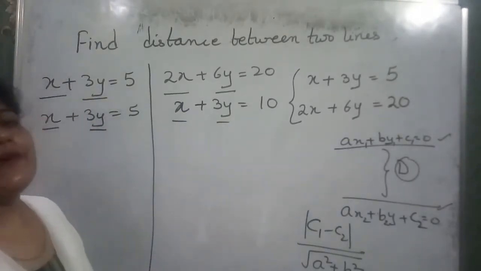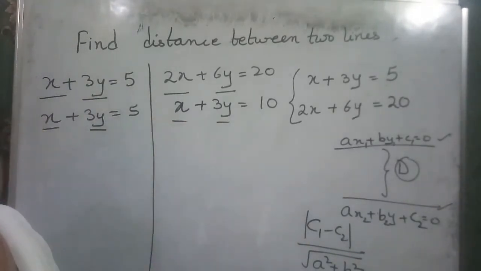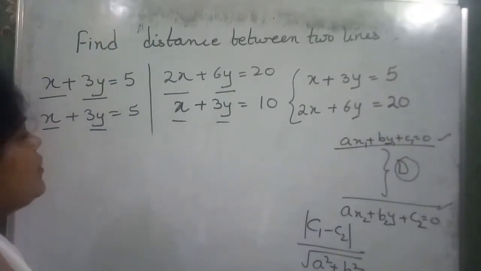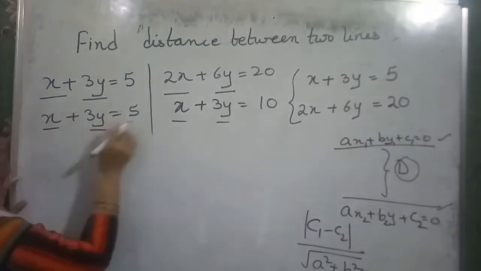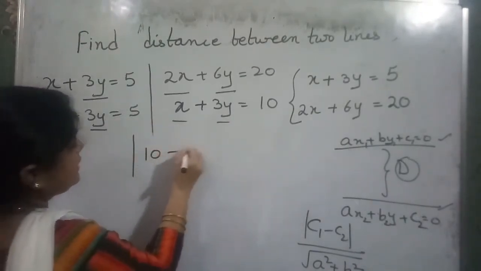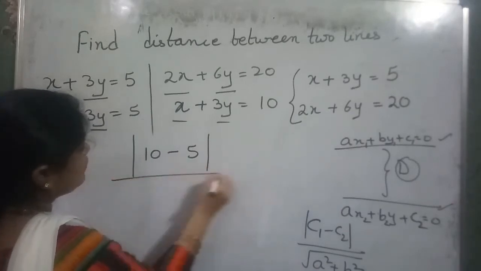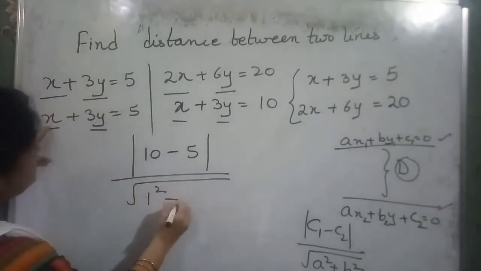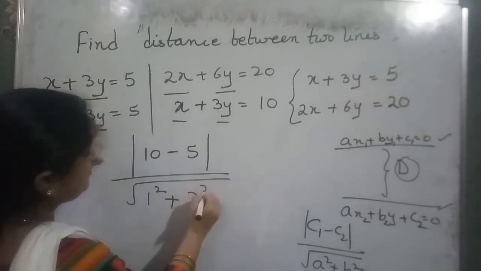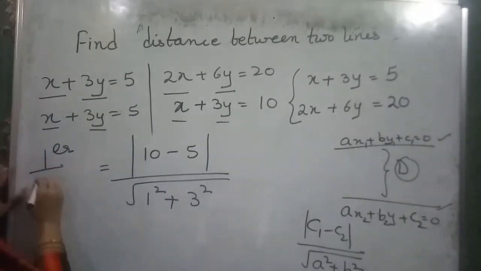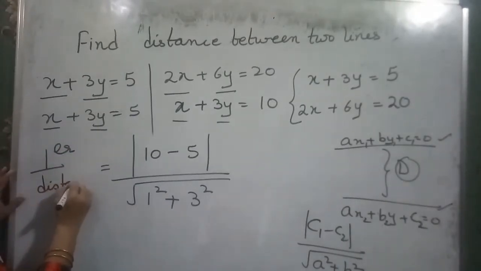Now we can easily find the distance between these two parallel lines. Okay. So from that formula we take C1 minus C2, we have to take mod of 10 minus 5 over under root coefficient of x, that is 1 square, and coefficient of y, that is 3 square. So this is the perpendicular distance between two parallel lines.